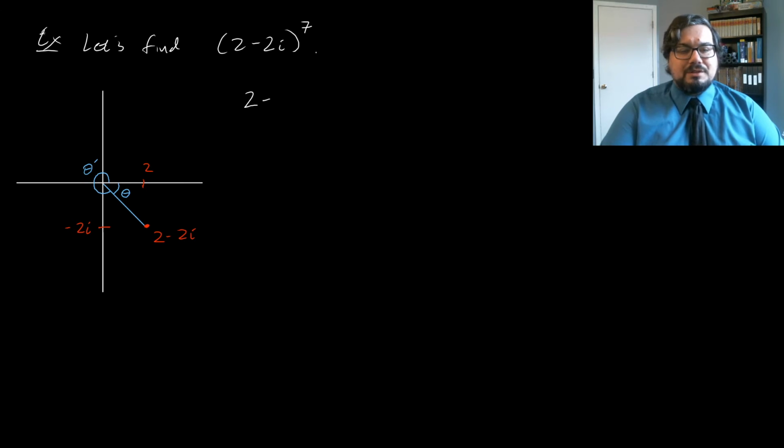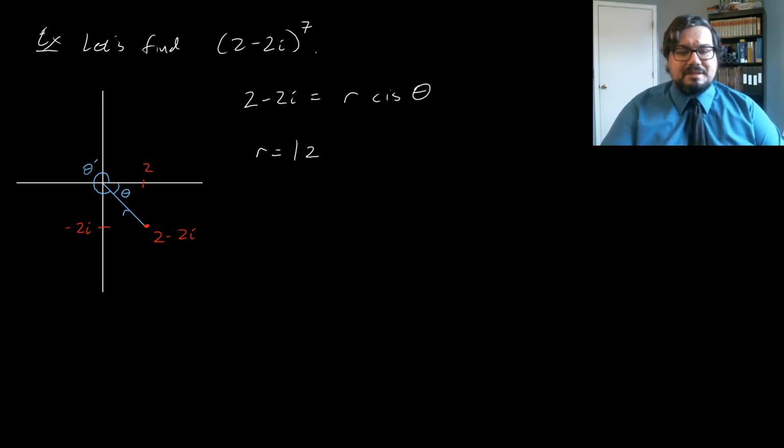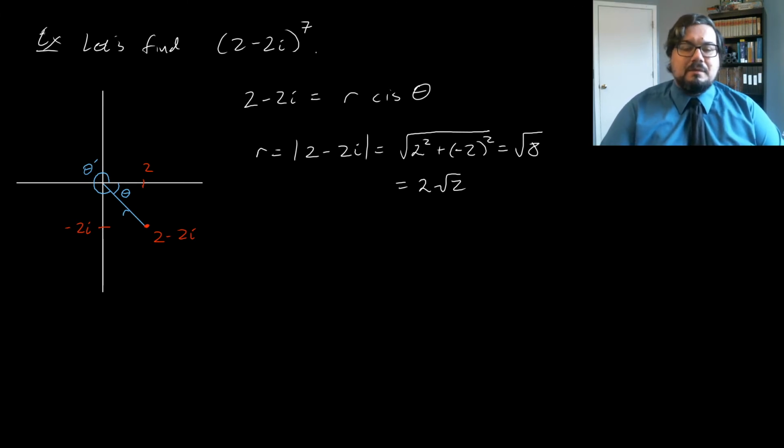So we can write 2 minus 2i as r cis theta for some r and theta. Let's work out what those are. So the number r is the magnitude of this complex number, 2 minus 2i, which by definition is the square root of 2 squared plus negative 2 squared, which gives us the square root of 8, which we can write as 2 times the square root of 2. So there's our magnitude.